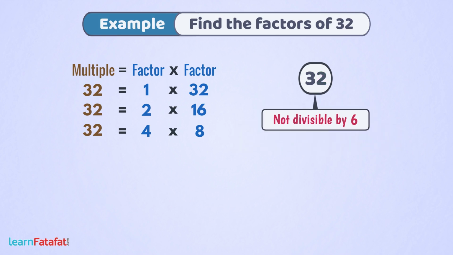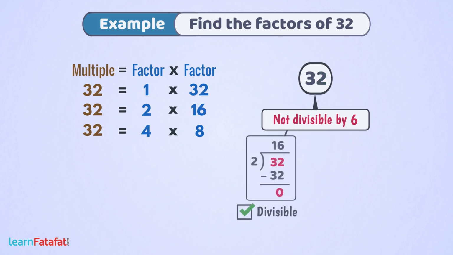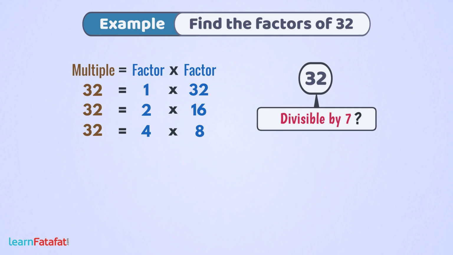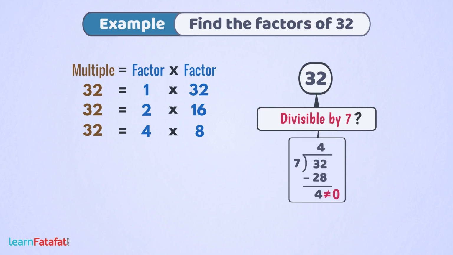32 is not divisible by 6 as, although it is divisible by 2, it is not divisible by 3. Check if the number is divisible by 7. There is no divisibility rule for 7, so we have to check if it is a factor by actual division. Here, 32 divided by 7 equals 4 and the remainder is 4.